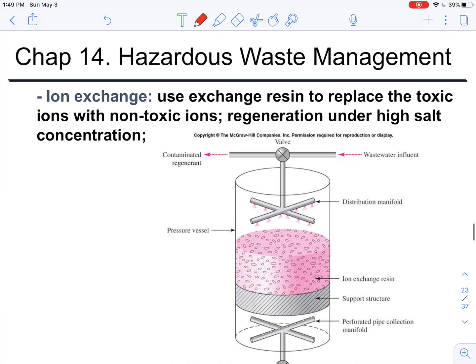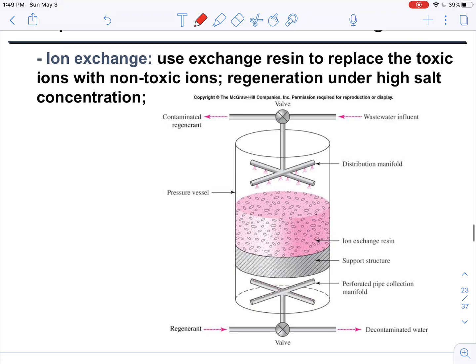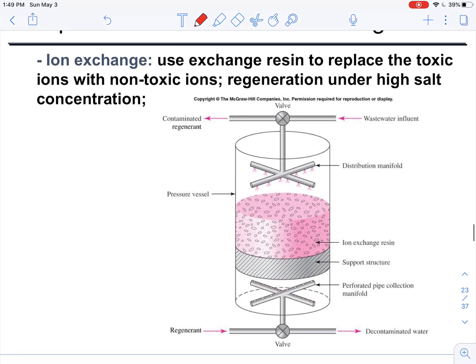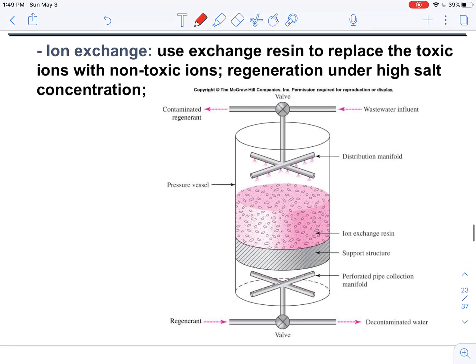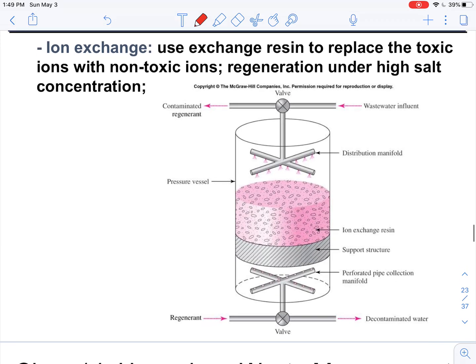So people can also use more complex processes, for example, the ion exchange process. We can design a device that contains the exchange resin, right, to replace the toxic ions with non-toxic ions. We also talked about this process when we were learning about drinking water treatment, right, to further remove the ions that are in the water.